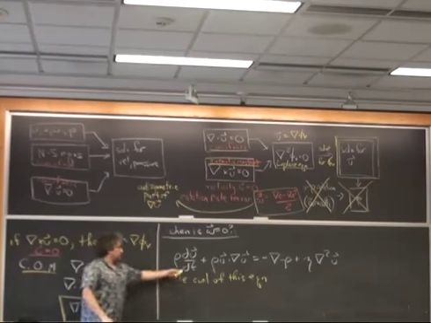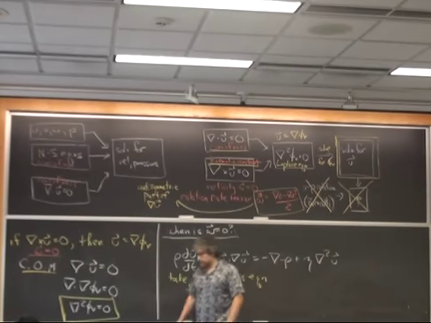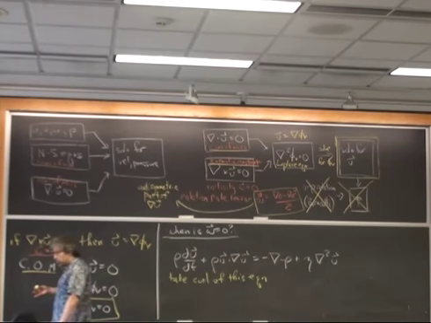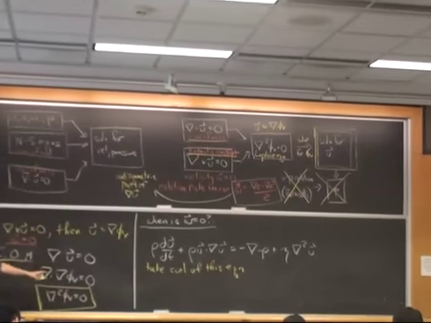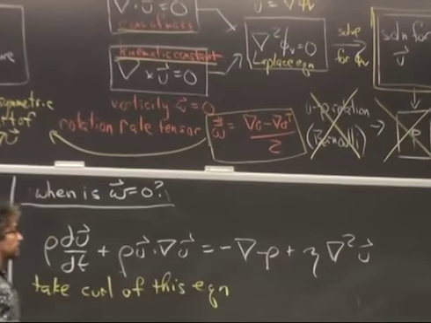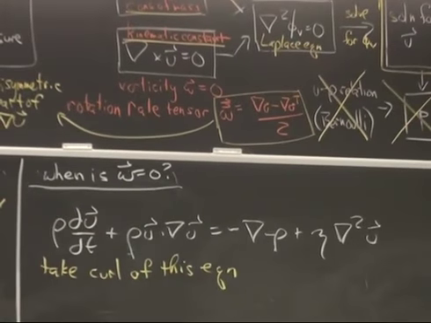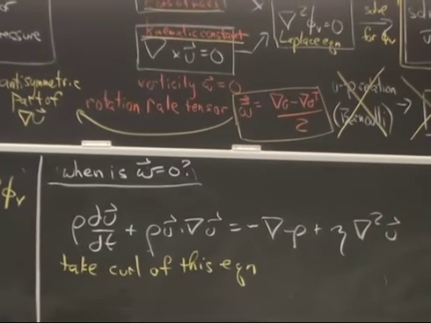I'm basically going to take del cross this term, del cross this term, del cross this term, and del cross this term. And when I take this curl, I'm going to take one of these terms and make it go away. And then I'm going to take the other term and make it a little bit more complicated, but in a way that focuses my attention on a specific aspect of the vorticity.